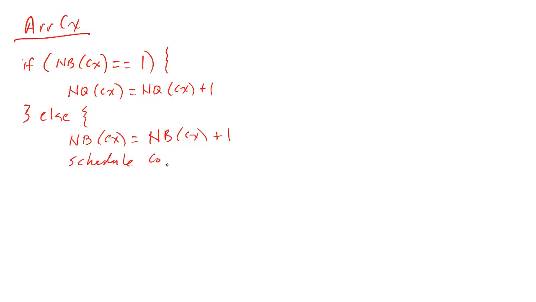Schedule COMPLCX at T now plus sample, where again we are sampling the service time of the cashier. And so that's it. That's the logic, whether an entity arrives at C1, C2, or C3.